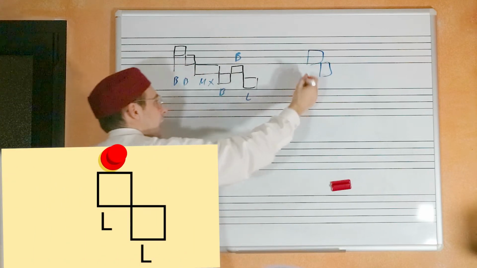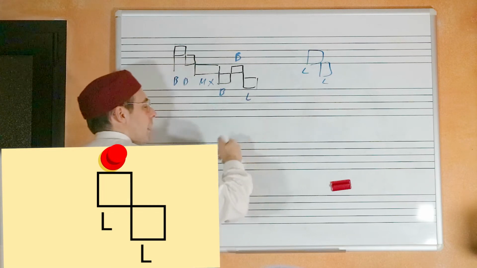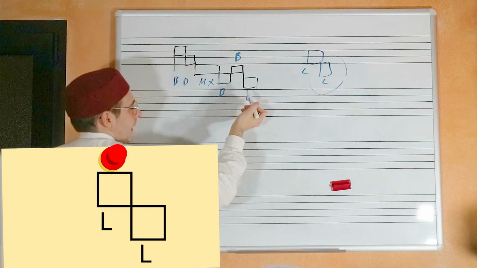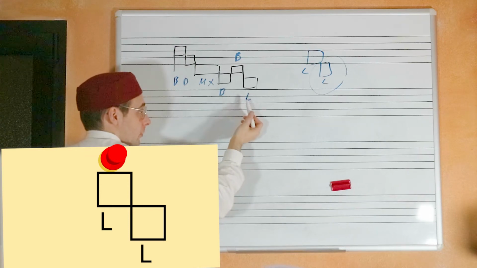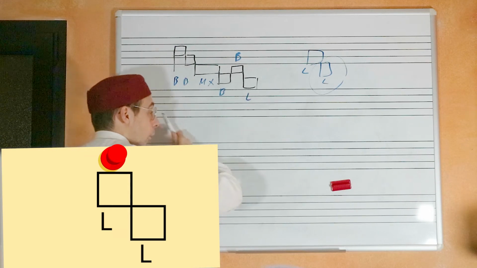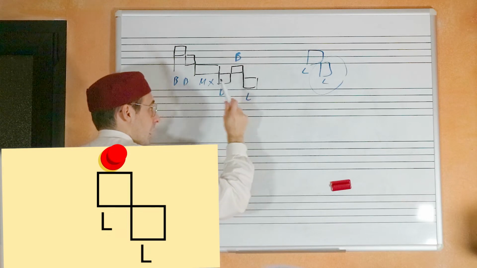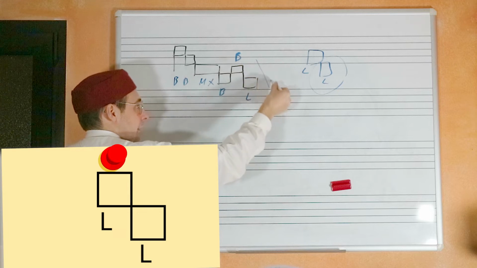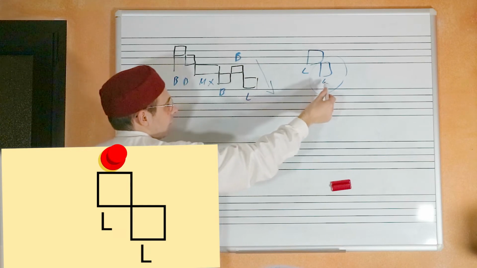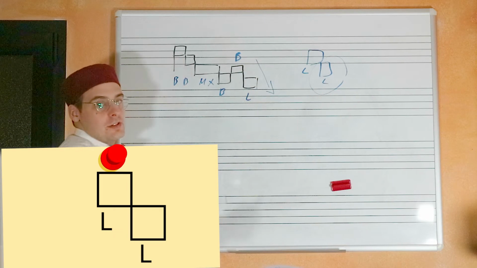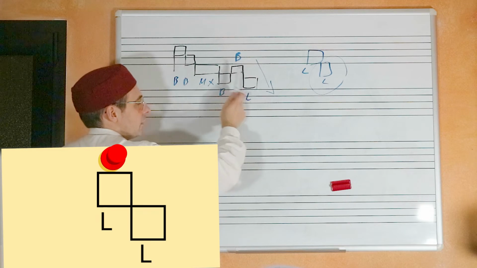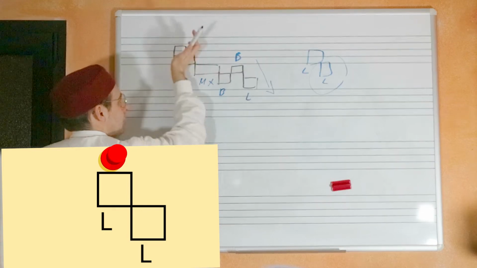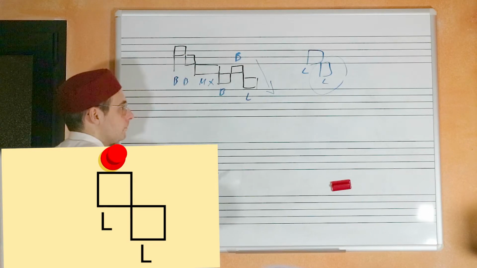In this situation I have longa, longa, so I have to consider only the right note because it is the last note of a ligature of more than two notes. The ligature at the end goes in a descending direction, so this is longa. The first note is brevis because it is a middle note, so I have to separate the first and the last note.